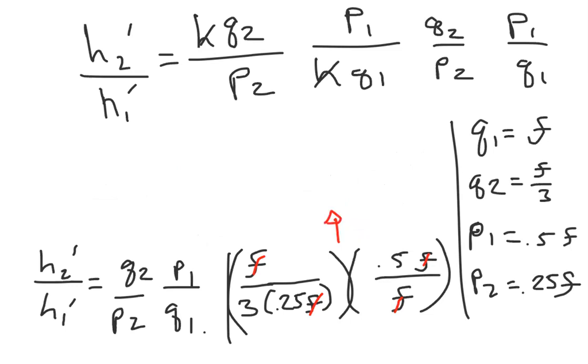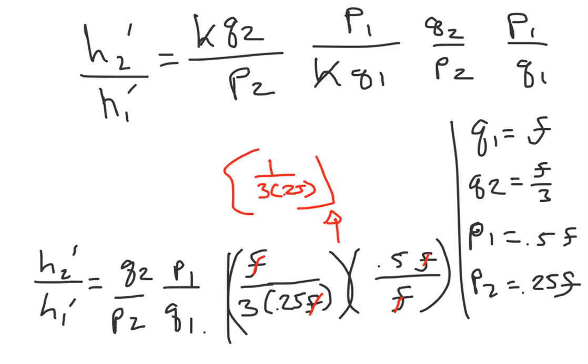We really should move past this. We're done with the question. We have the answer here, but let's just make sure we are doing it correctly. So what's 1 over 3 times 0.25? So do 3 times 0.25.